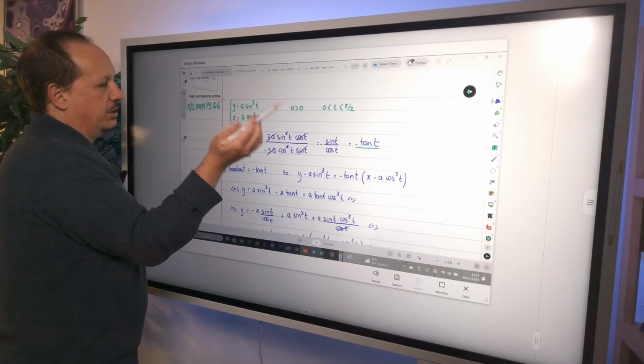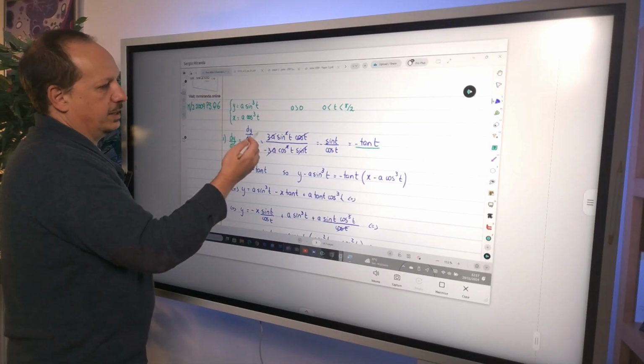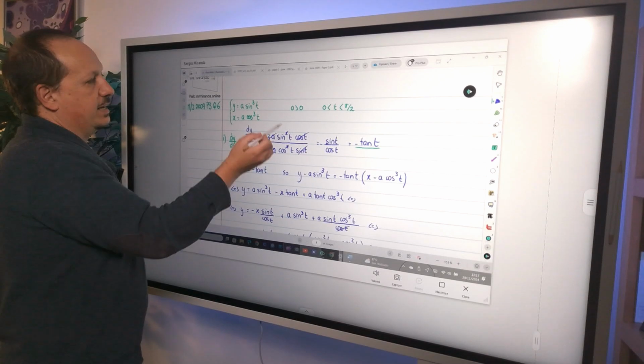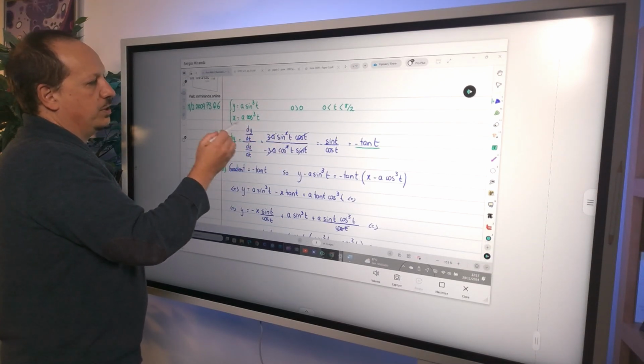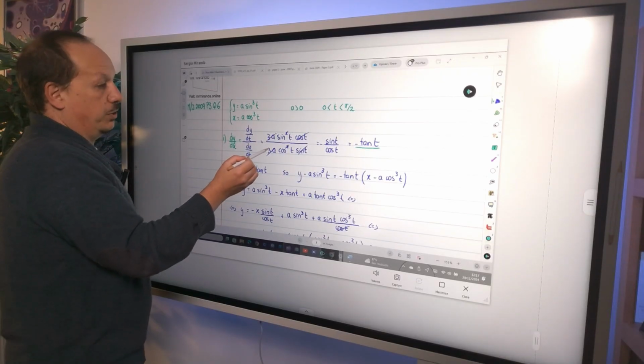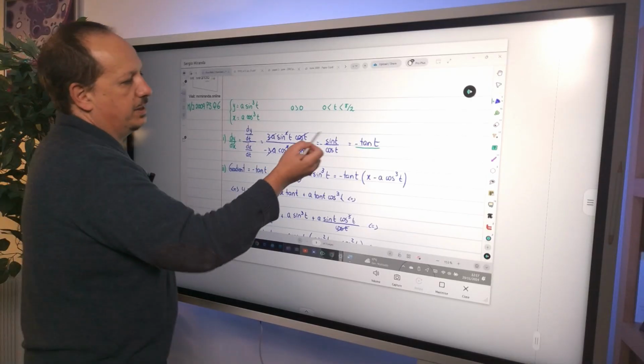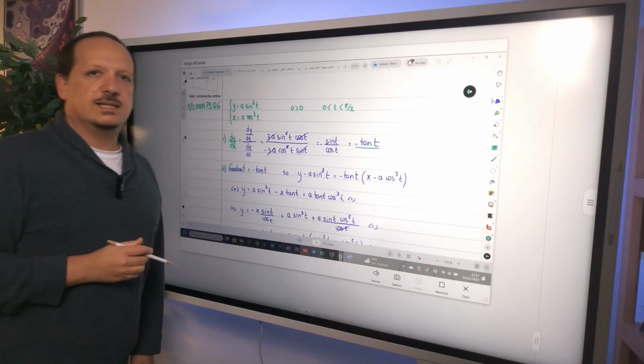I already did this mentally, so I can just plug in the values over here. So it's going to be 3a sine squared of t times cosine of t. Do the same thing over here, and the result is going to be 3a cosine squared of t times sine of t. Simplify everything that needs to be simplified, and eventually you just get minus tan of t.